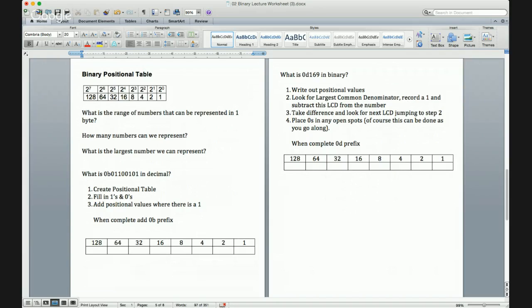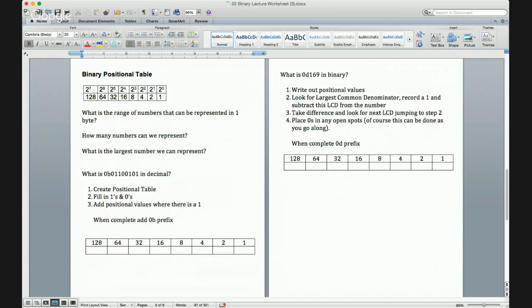If I were to put a 1 in each one of these places, I would have 1 plus 2 plus 4 plus 8 plus 16 plus 32 plus 64 plus 128. It will be 255. So the range of numbers I can represent in a byte is 0 to 255. The smallest number is 0, the largest number 255.